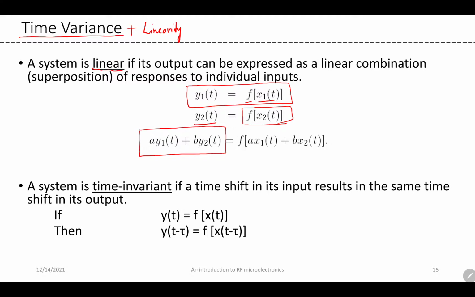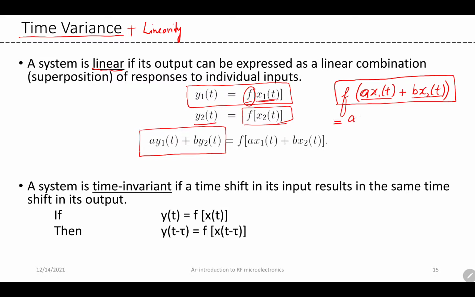So if you supply scaled inputs to this system, the system is f, the system performs a function f. So if you supply scaled inputs in superposition, that is, you supply x1(t) with coefficient a, and then a sum, say, of another scaled input x2(t), then when this system f operates on this scaled superposition, it should be equal to a scaled superposition of the outputs.